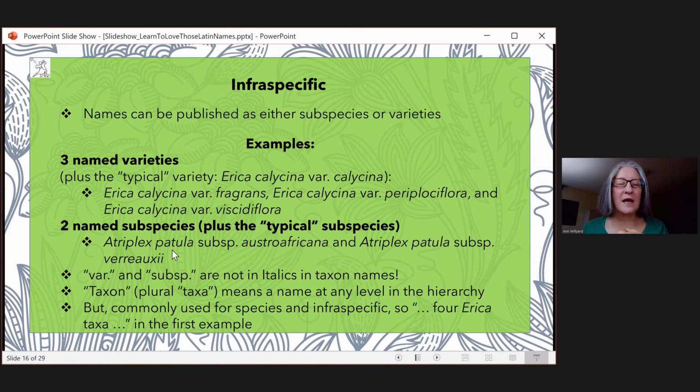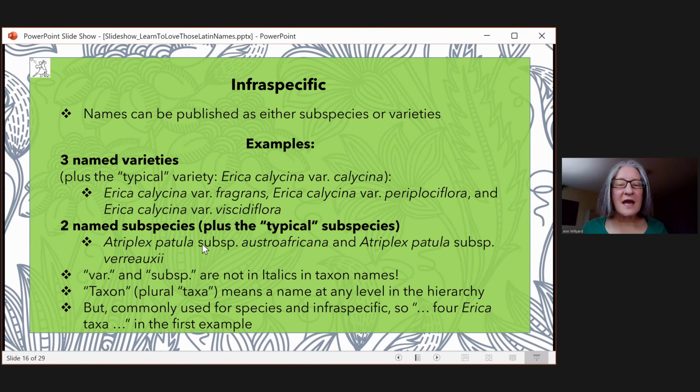So Atroplex patula subspecies Austroafricana, Atroplex patula subspecies Verusi. And I don't know, there's never any good way. If I was with a French audience, someone would probably correct my French because this is in honor of someone with a French name, and how you pronounce that is probably appropriate to your audience. There would be a typical one of Atroplex patula subspecies patula.